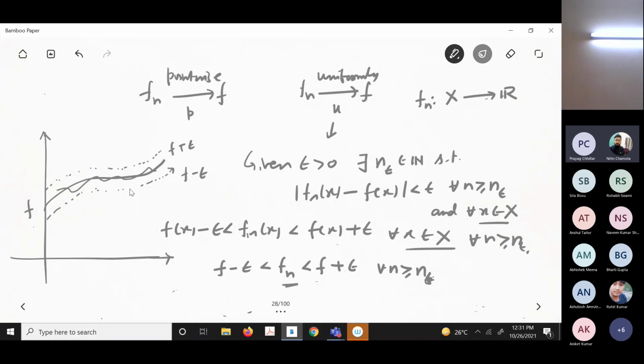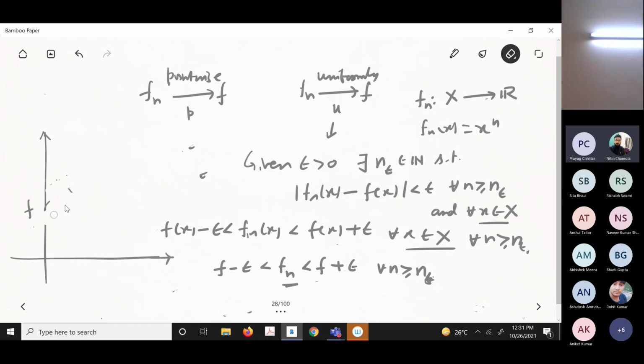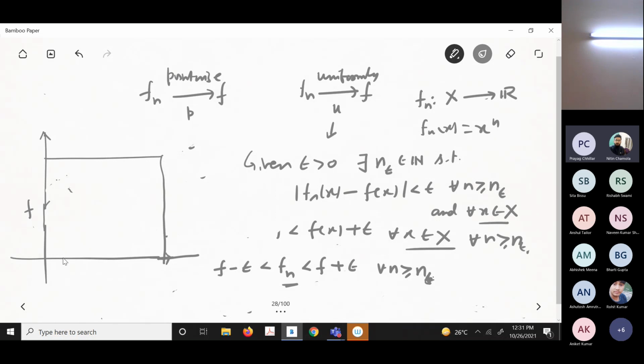Now look, what will happen for x to the power n, that is, fn(x) equals x to the power n. Here, f(x) is coming 0 after this, and after that it is coming 1.